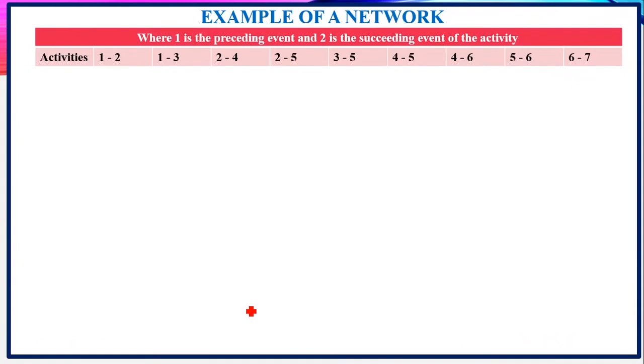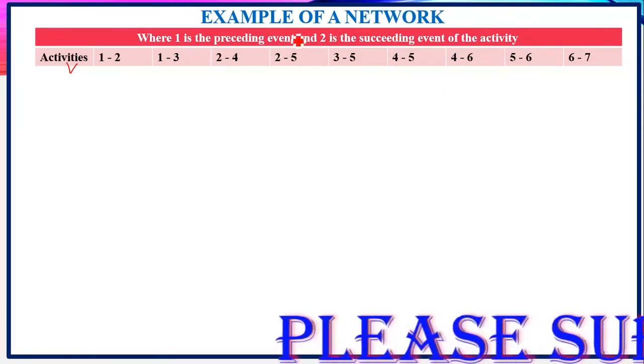Those are the rules for drawing networks. And after we have understood the rules for drawing the networks, it's time we look at the first example and see how you draw a network diagram. In this example, you are given activities 1-2, 1-3, 2-4, all the way to 6-7. You're told that 1 is the preceding event and 2 is the succeeding event.